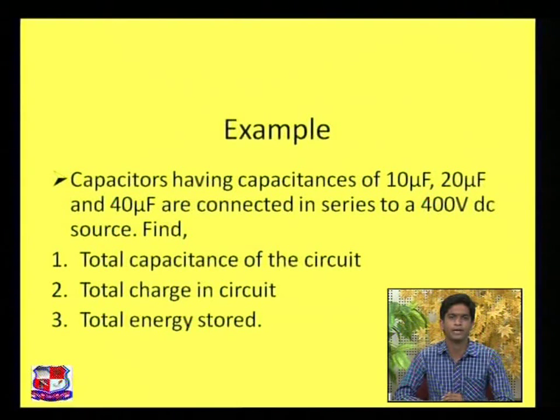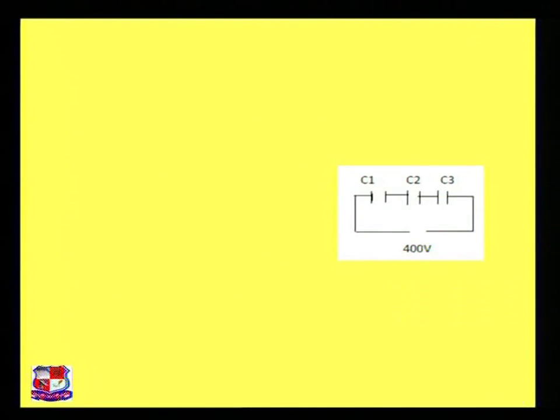Now what do we have to find? We have to find the total capacitance of the circuit, C, the total charge in the circuit, which is Q, and the total energy stored in the capacitor, which is E. This example is very important and it is frequently asked in exams.